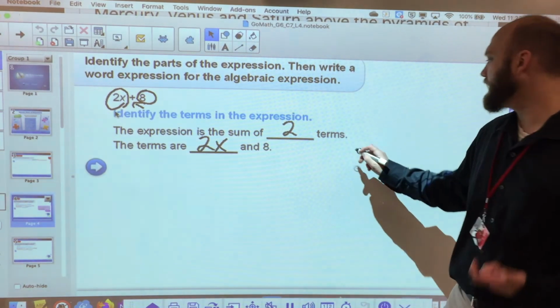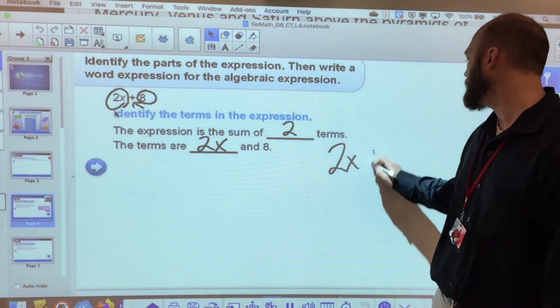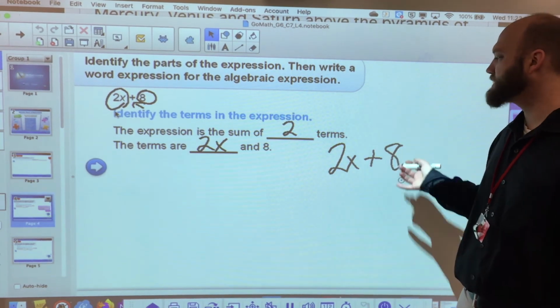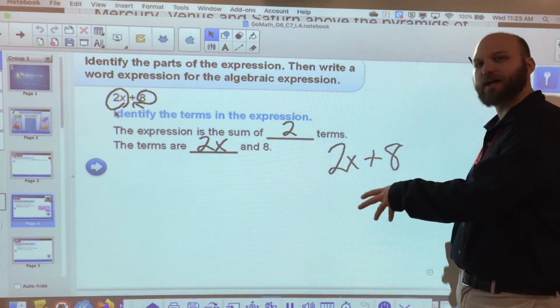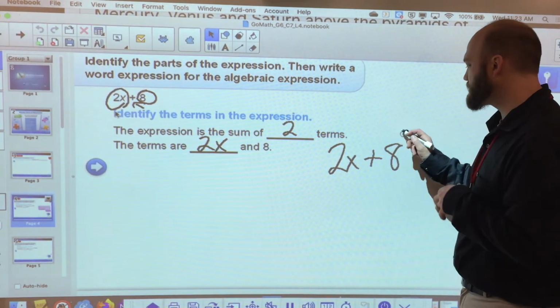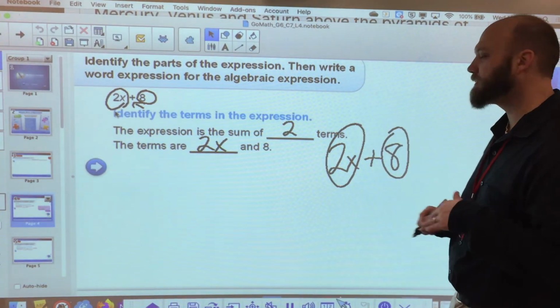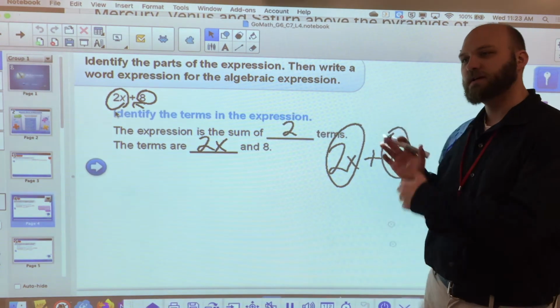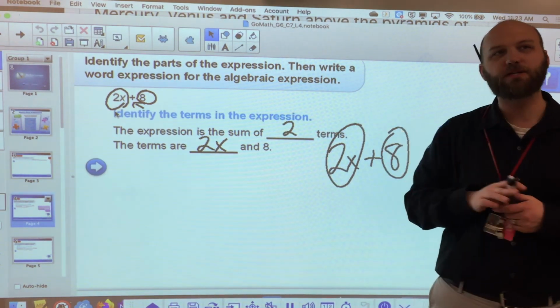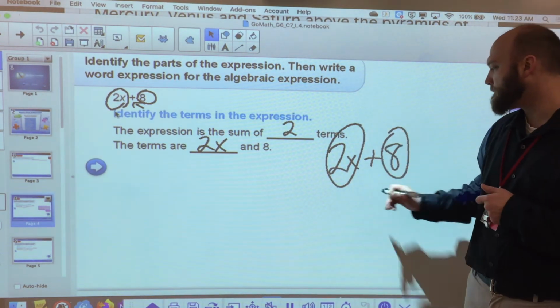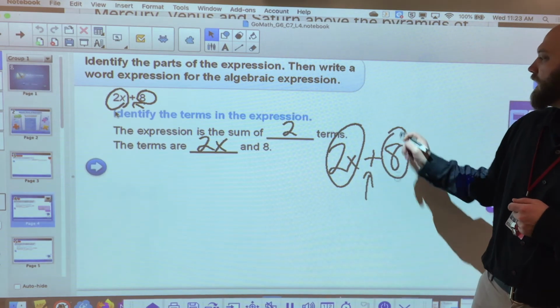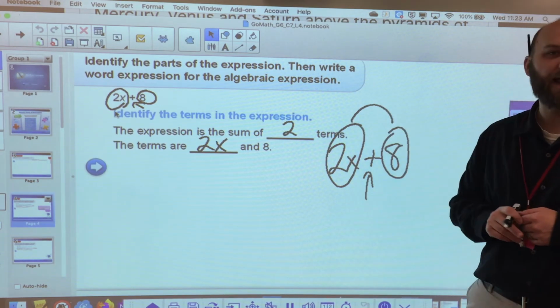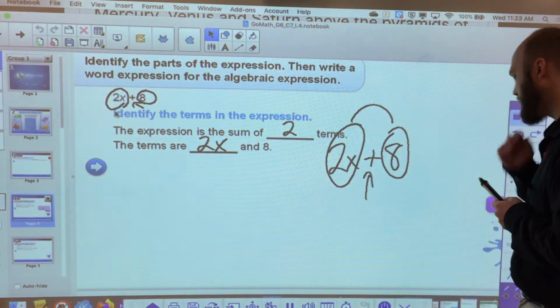Looking at 2x plus 8, these are my two terms, going back to what a term was. And the algebraic expression, when I put it together, is the sum of 2x and 8. So it's wrapping all of those together nicely.